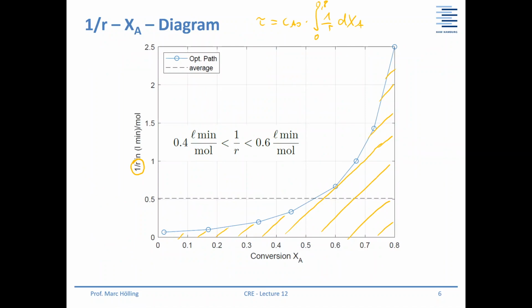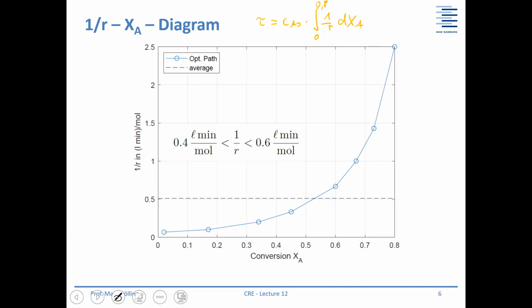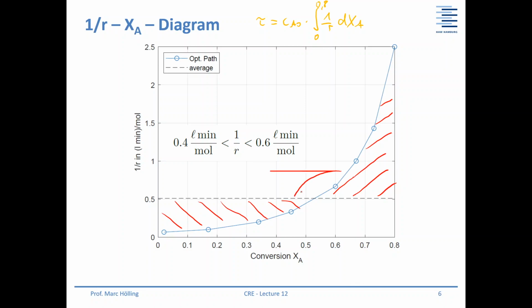The easiest thing is to draw in something like a rectangle, and this means you have to find the value here, and the area above this must be the same as the area below this one here. So these two areas must be the same.